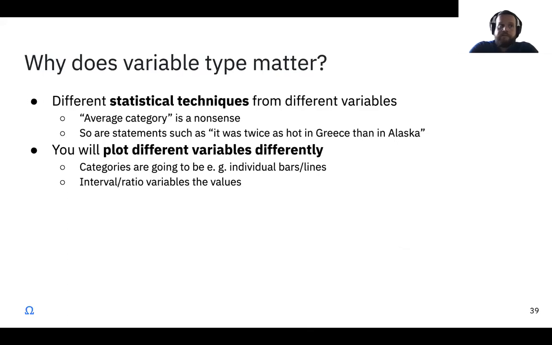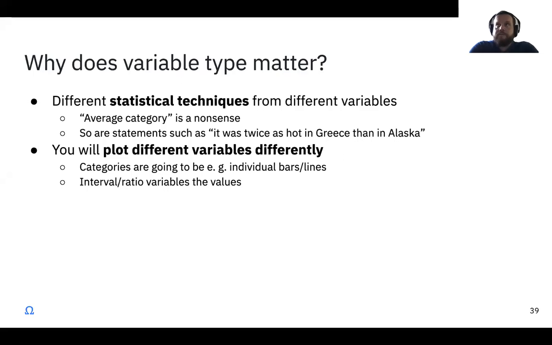Discerning what kind of variable you're working with will drive your choice of statistical processing techniques. Things like average category, that's nonsense. If you have BMW, Ferrari, Jaguar, Skoda, what is an average car brand, right? It doesn't make sense. And so are statements such as that it was twice as hot in Greece than in Alaska in degrees Celsius, right?